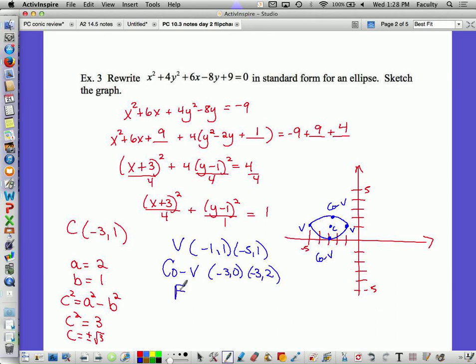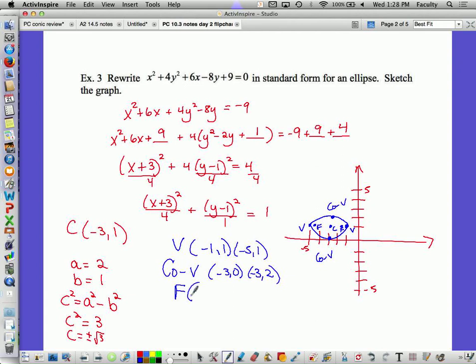We can find the foci. The foci are along the major axis, C units from the center. So radical 3, you don't need a calculator. Radical 3 is really close to 2, isn't it? But not quite 2. So it's really close to the vertex. So how do you identify that?